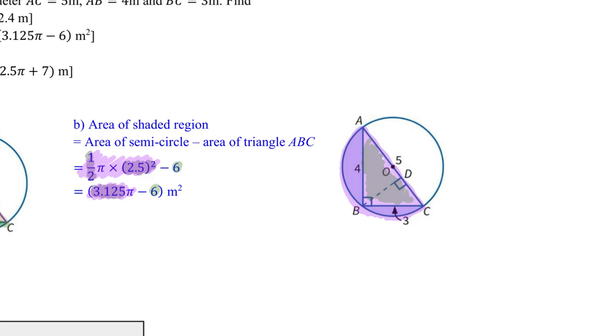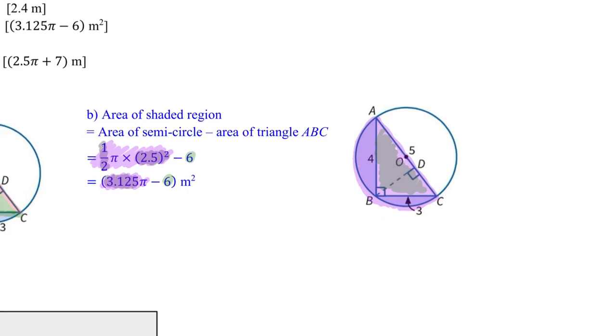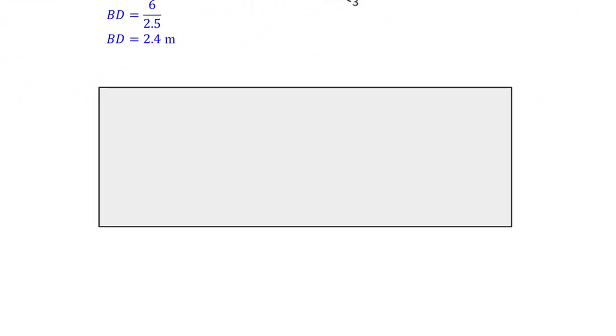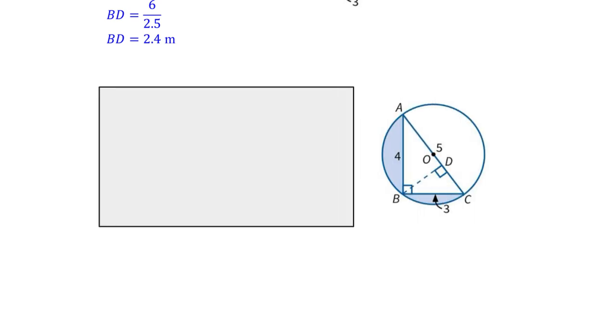Now, for part C, now our job is to find the perimeter of the shaded region, and I hope you can see that I already have my AB and my BC. All I need to do is to find this, and I can, because this is a semicircle.